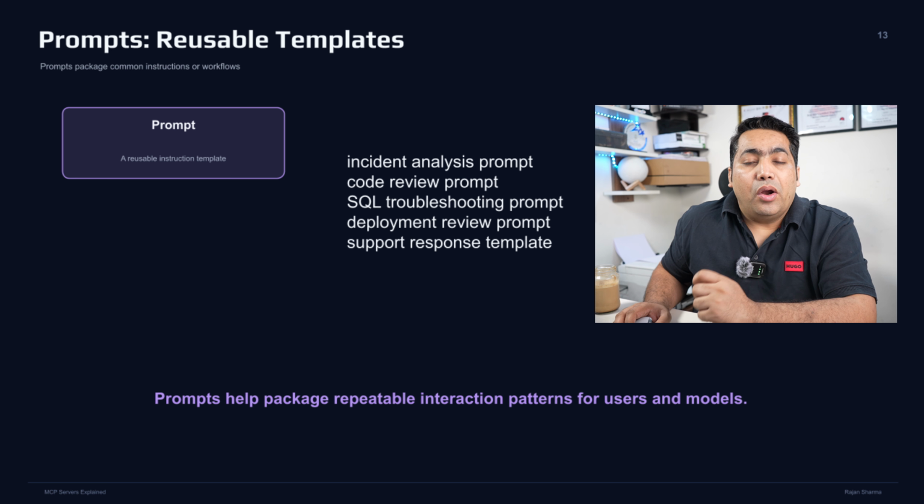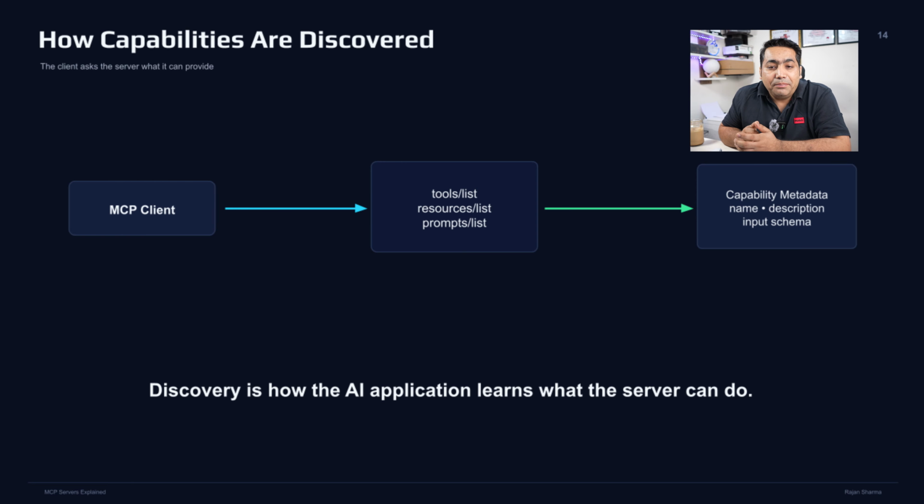Now the next question is how the MCP client knows what the server can do. It discovers capabilities. The client can ask for the list of tools, the list of resources, and the prompts.